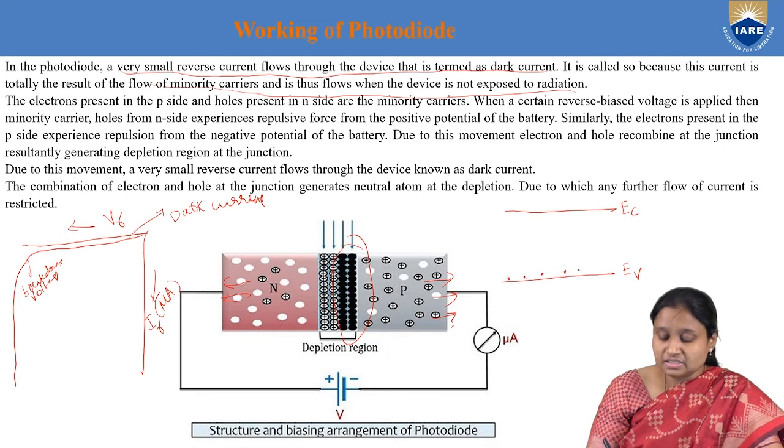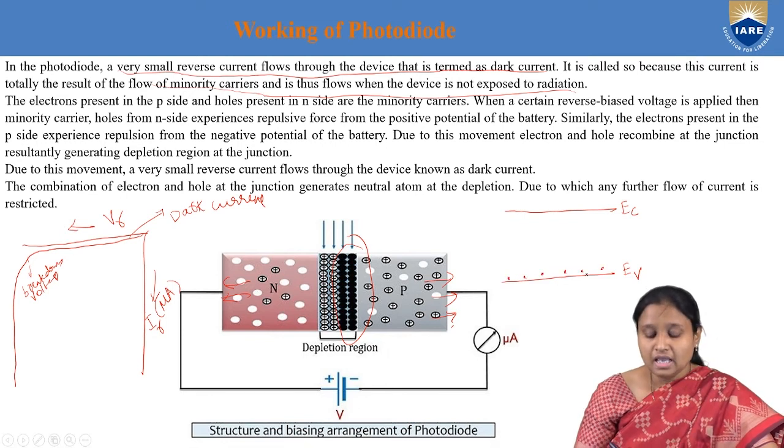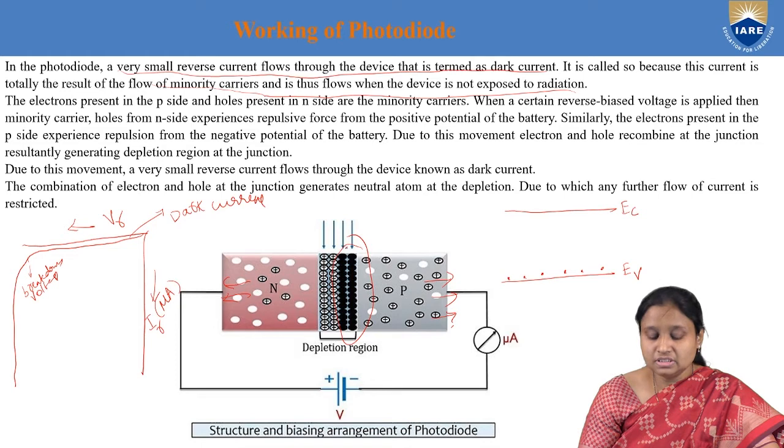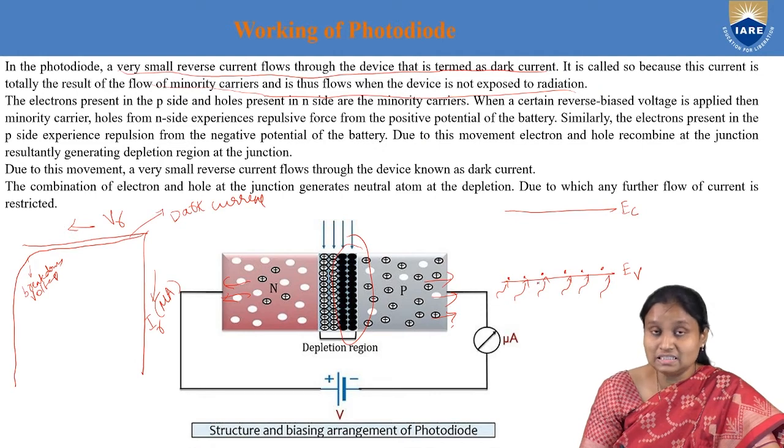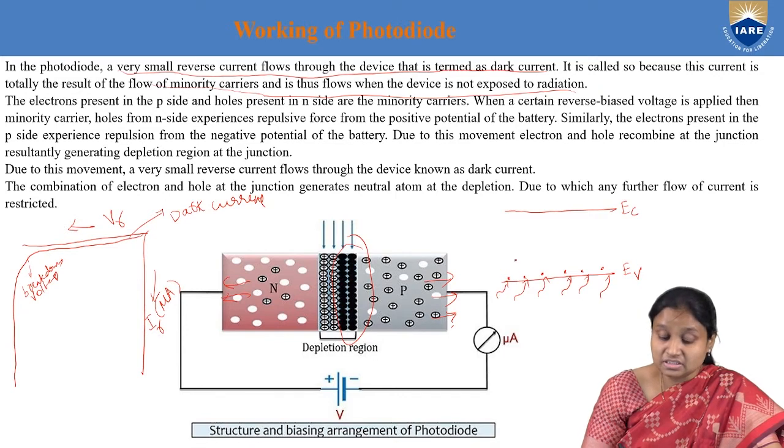Electrons which are present in the valence band. Then we expose these electrons in the valence band to light. Light is nothing but energetic photons. These photons strike the electrons in the valence band and transfer their energy to them.